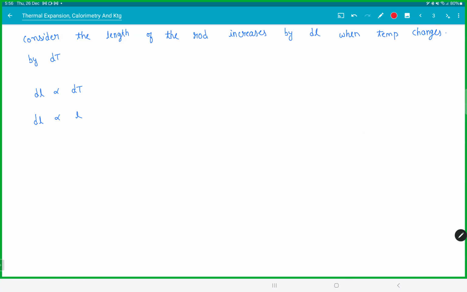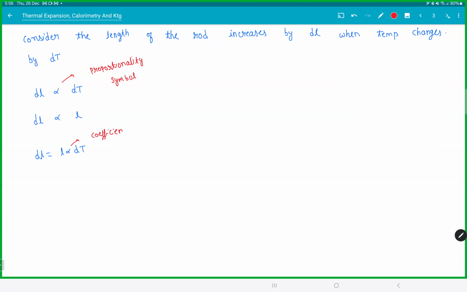Now be careful, this proportional here is a symbol for proportionality. When you combine this, you end up with dL is equal to L alpha dT. And this alpha is something else. This alpha is the coefficient of linear expansion.